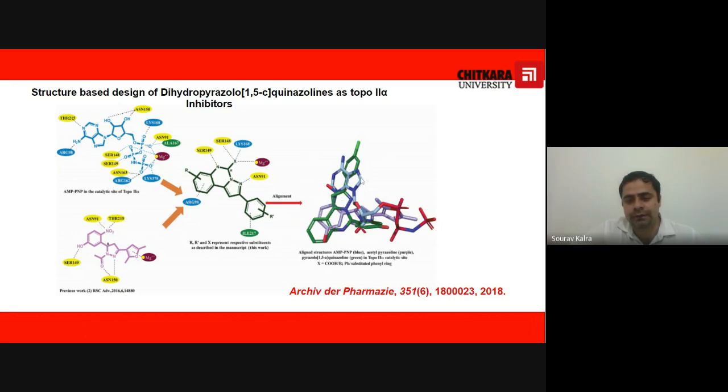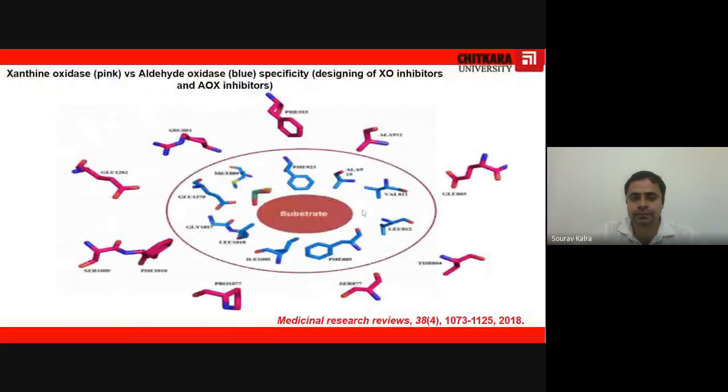By this we can see that our green molecule is fitting in the pocket of topoisomerase 2. This is the article in Medicinal Research Reviews, which has an impact factor of around 13 to 14.